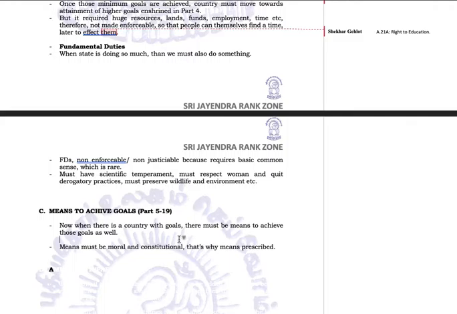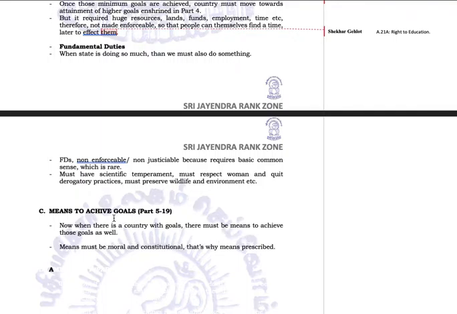This is the basic fabric of India as a country. That is why the means to achieve goals are moral and constitutional, and they have been prescribed as well, so that tomorrow no future generations may try to tread any other path than the path which is moral and constitutional.